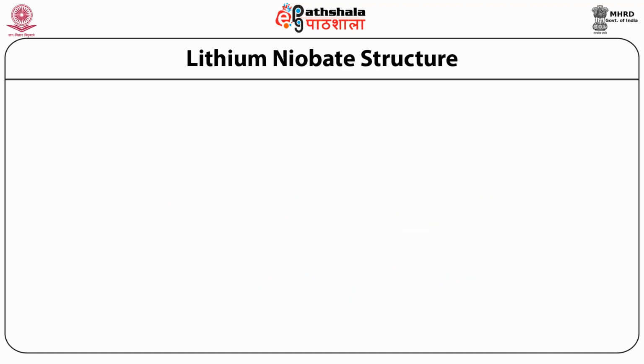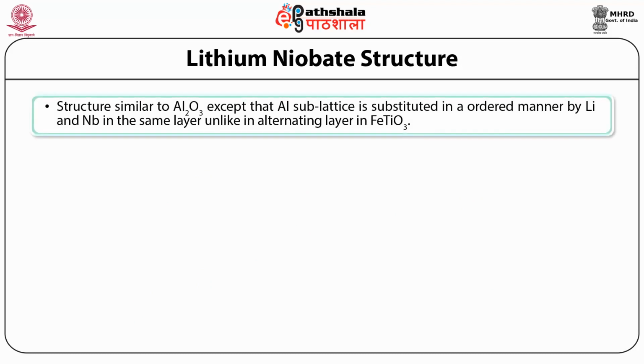Now let us discuss lithium niobate structures. Such structures are very much similar to Al2O3 structures, except that the aluminium sublattice is substituted in an ordered manner by lithium, that is Li, and niobium, that is Nb ions in the same layer, unlike an alternating layer in iron titanium oxide, that is FeTiO3.